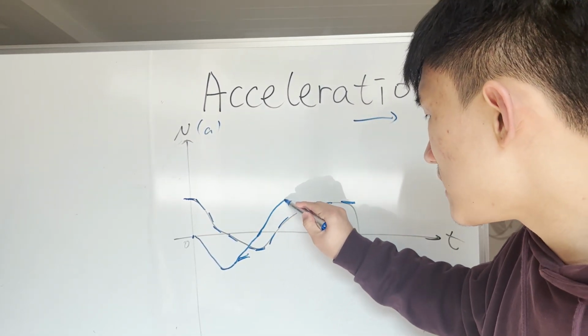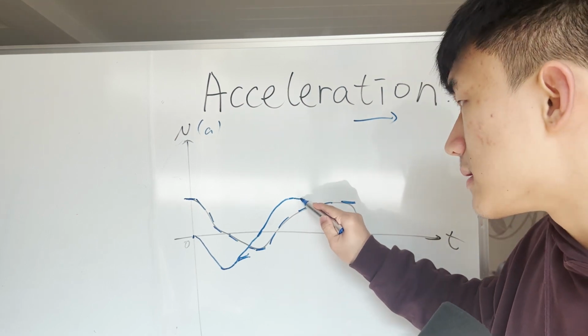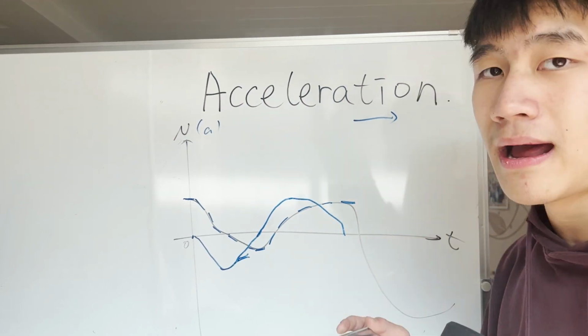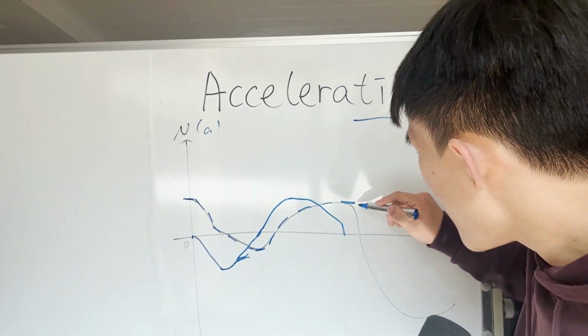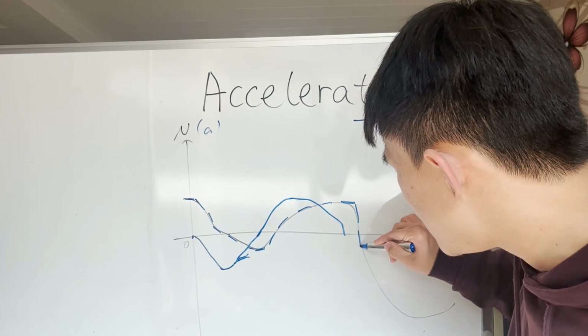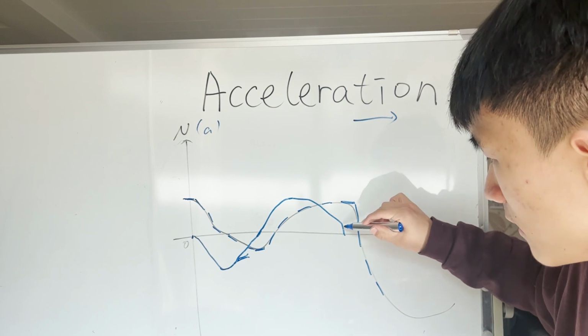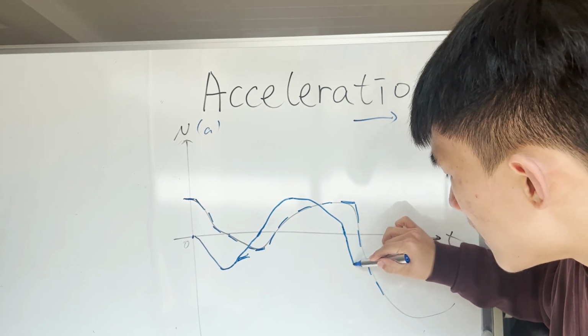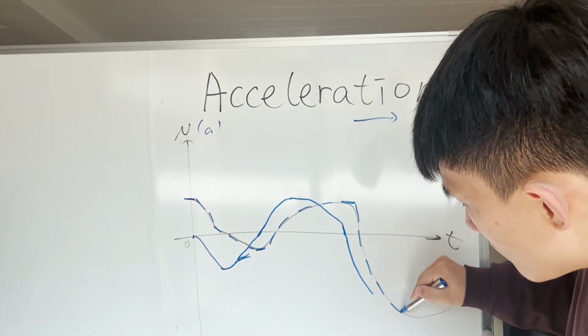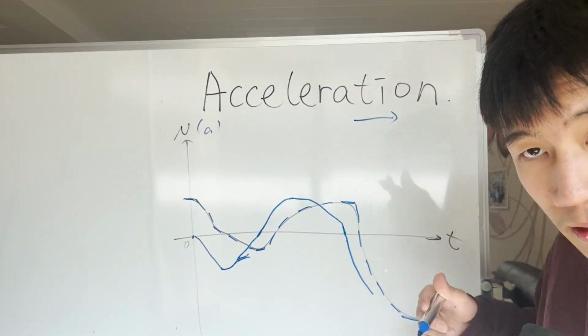So its acceleration is positive, positive, positive until it becomes 0 at this point. So it makes sense, right? And it starts rapidly decelerating. It starts rapidly going in the opposite direction. So the acceleration will go down very negative, and at this point it becomes 0 again.